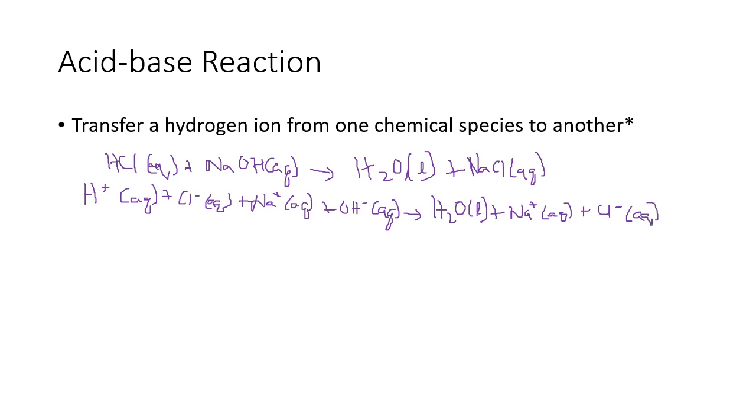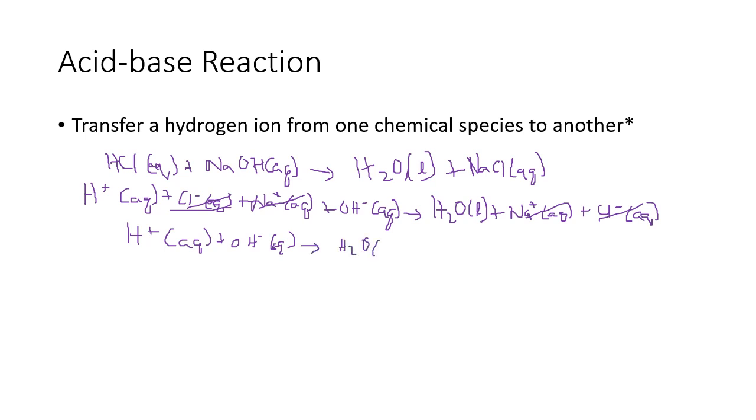Now, if we write our net ionic equation, where we cross off all of our species that are the same on both sides, our spectators, we get a much simplified version of just H plus and OH minus going to water.